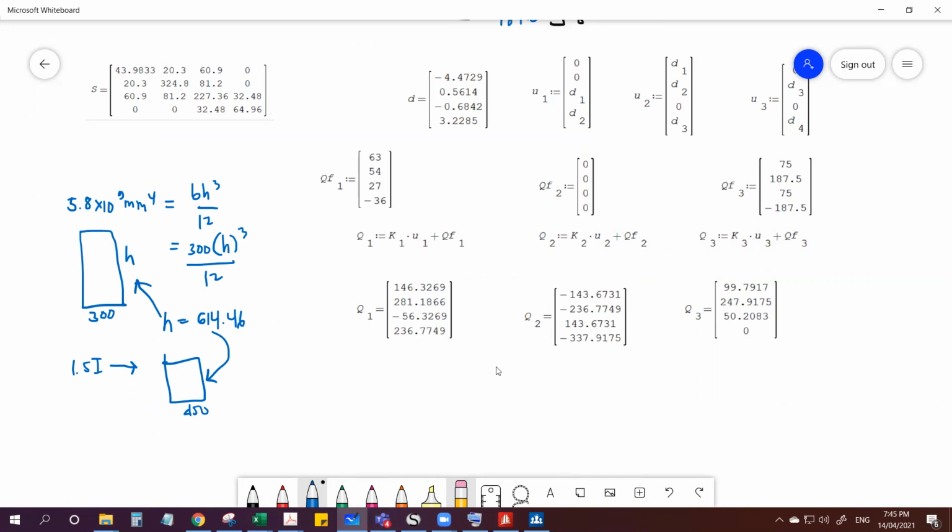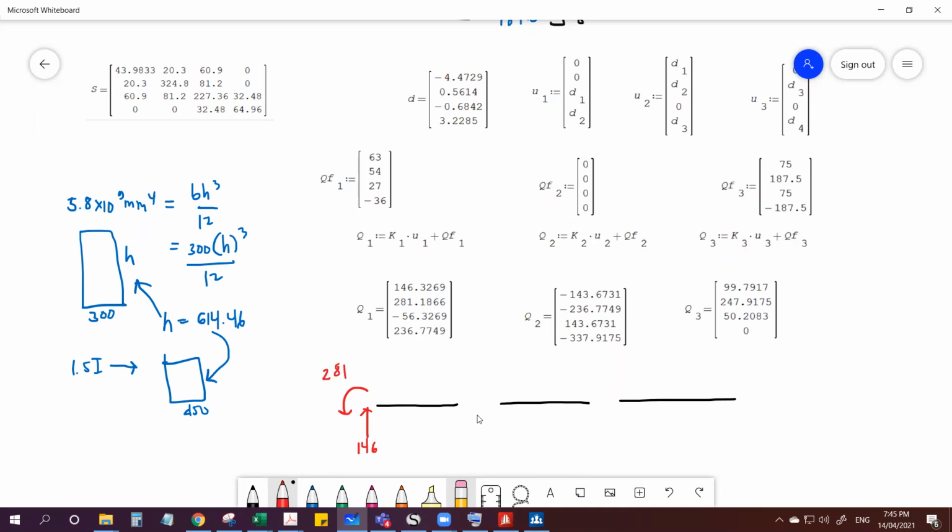So if I interpret this member end forces in our SMAT, this will be that. So I have 146 and a moment of 281.